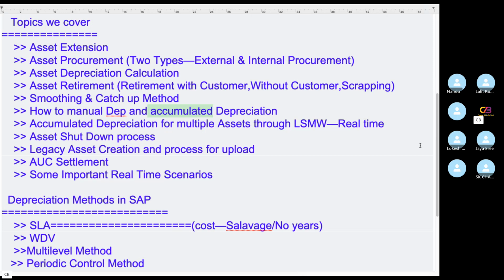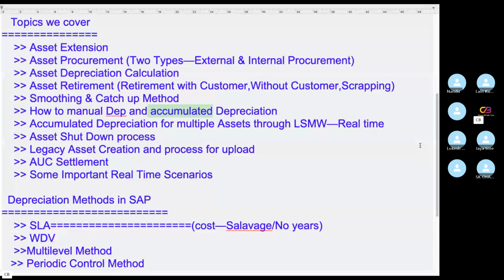So what is asset shutdown? If an asset shutdown has happened, this asset should no longer be used.